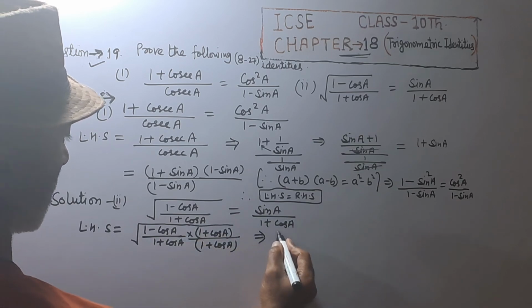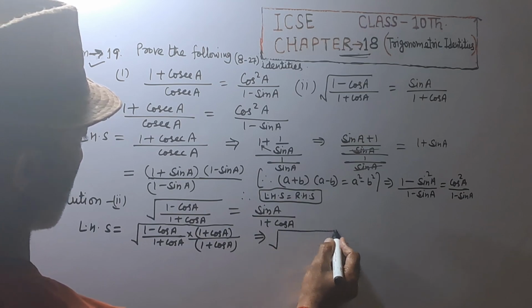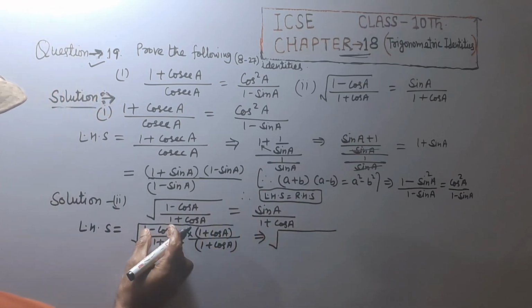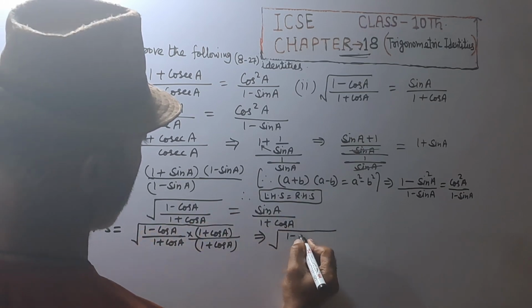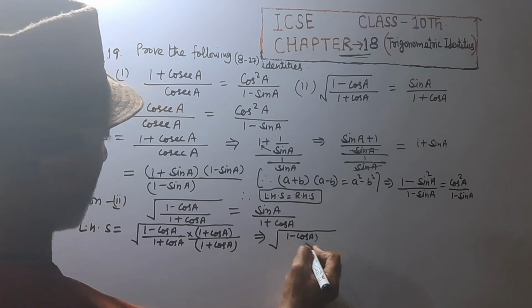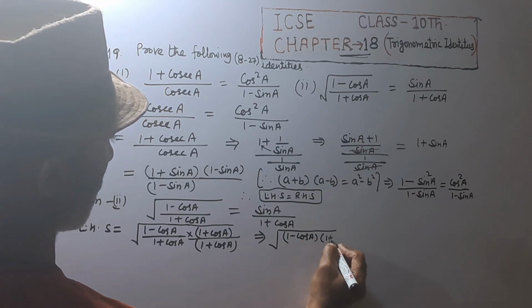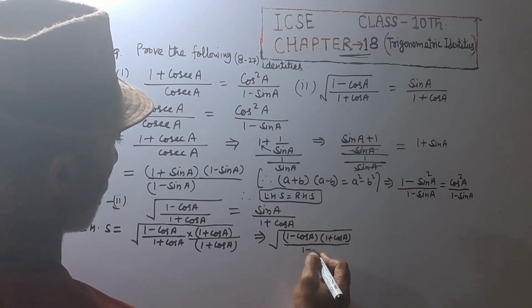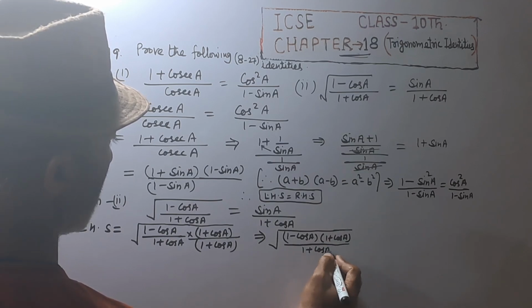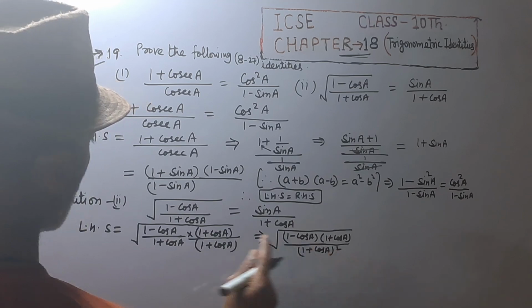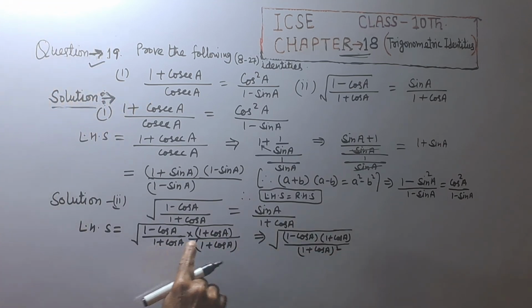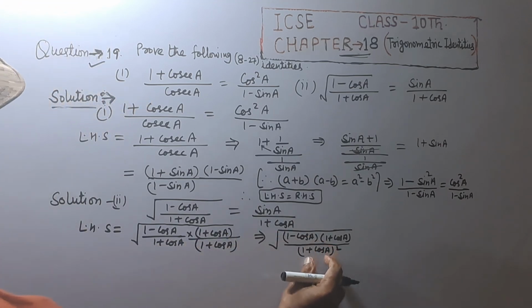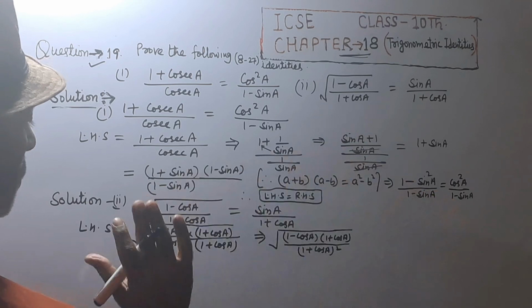which implies under root of 1 minus cos A into 1 plus cos A divided by 1 plus cos A raised to power 2. A plus B into A plus B, that is A plus B raised to power 2.